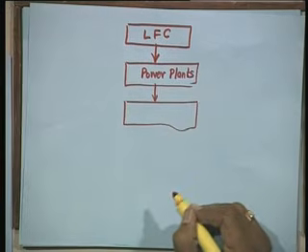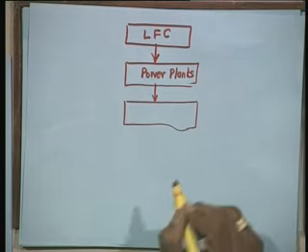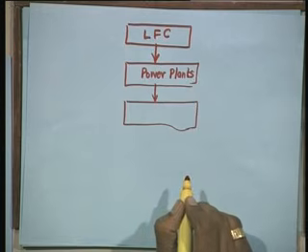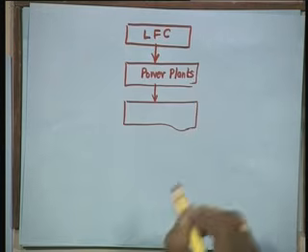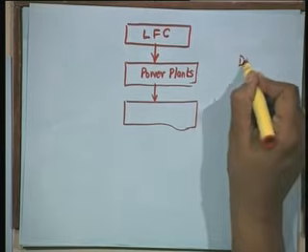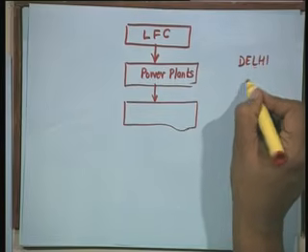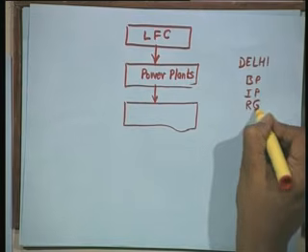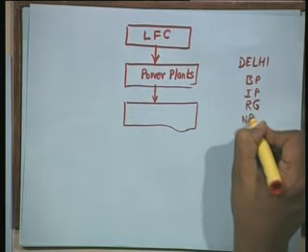Like Badarpur has 5 units: 200 megawatt 3 units and 100 megawatt 2 units. So let us say for Delhi you have Badarpur, you have Indraprastha, you have Rajghat, and then you get power from NREB.